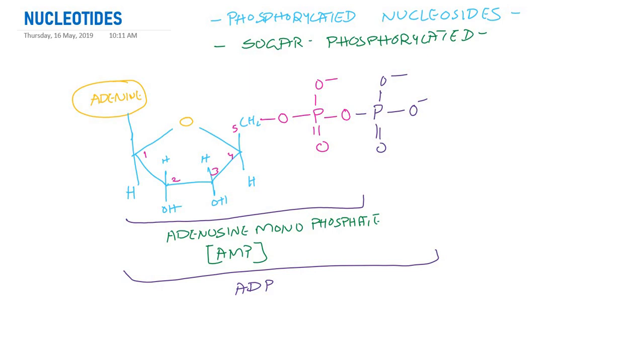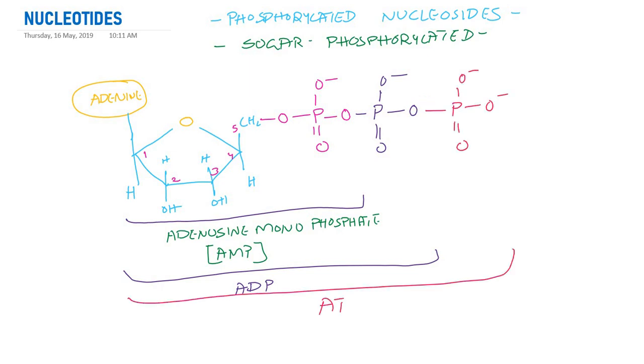Again if one more phosphate group attaches, this will become ATP, that is adenosine triphosphate. So this is the most useful, this is the energy currency. I have explained this only for adenine. Similarly, you can explore guanine, cytidine, thymidine, uridine.